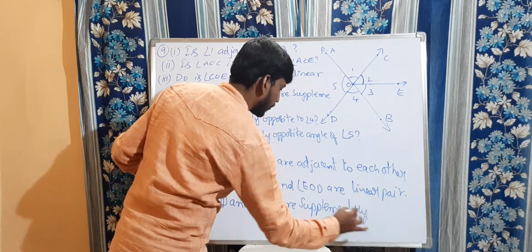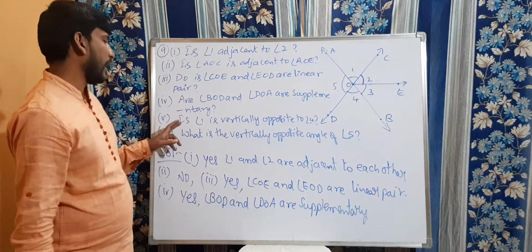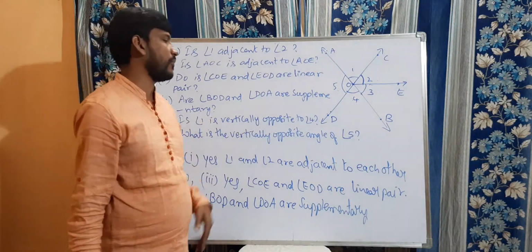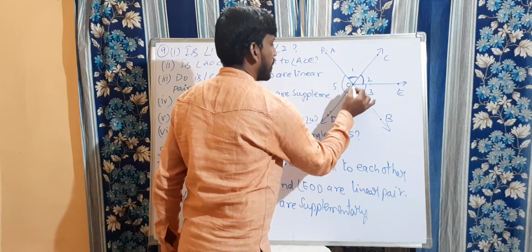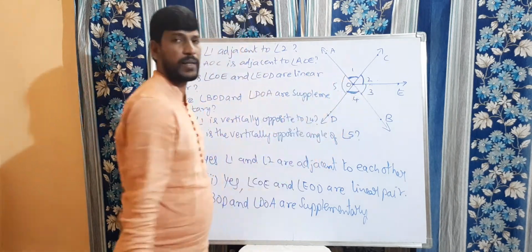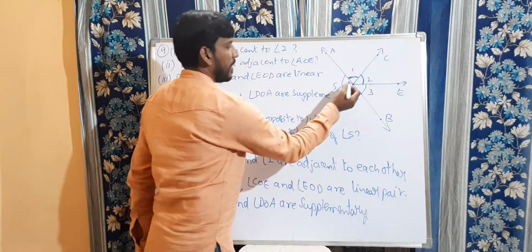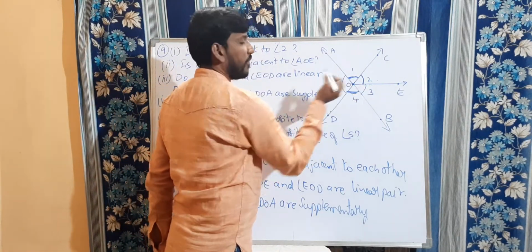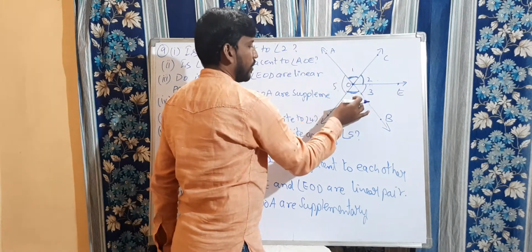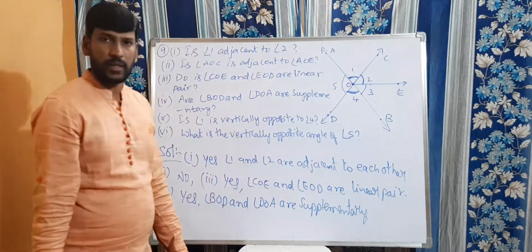Next one. What is the fifth one here? Fifth one is angle 1 is vertically opposite to angle 4. Angle 1 and angle 4, are these two vertically opposite angles or not, they are asking. Observe the figure here. Yes, it is a vertex. AB and CD are meeting at one point and angle 1 and angle 4 are opposite to each other. Clear?